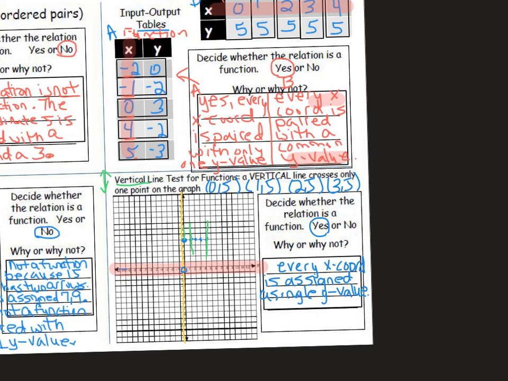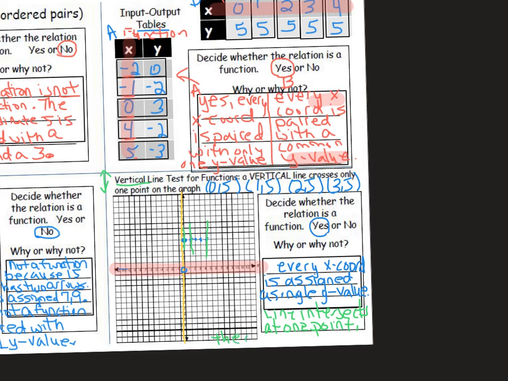And so forth. 0, 5, it only intersects at one point. So when your vertical line intersects at one point, the relation is a function, okay?